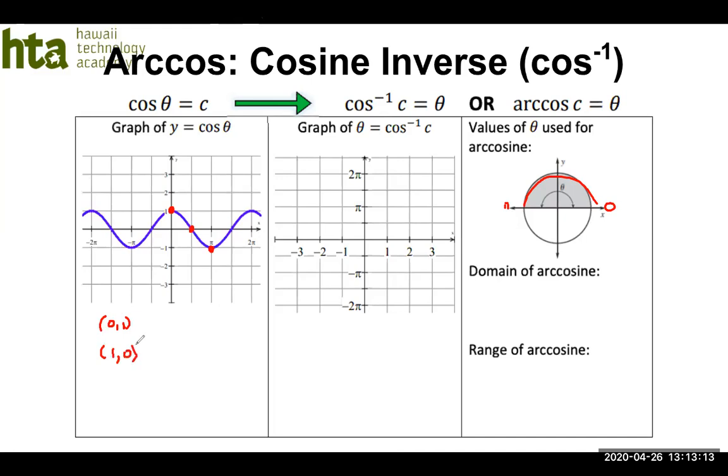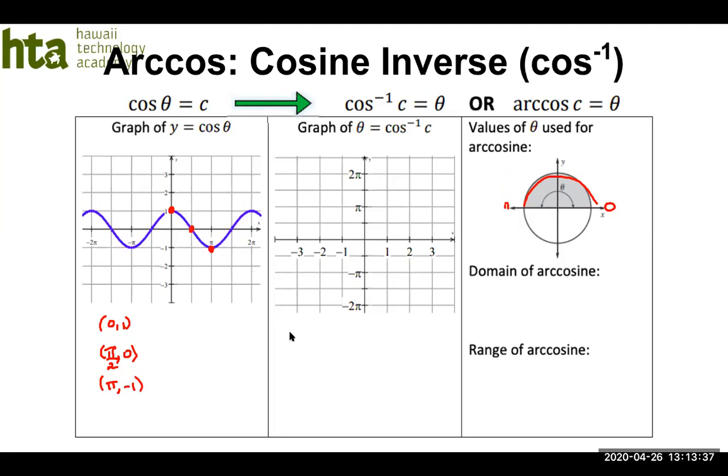Sorry about that, I'm looking at the one over here, my fault. So those are the 3 points we're going to focus on. We're only focusing on the domain given to us from here in quadrants 1 and 2. So from 0 to pi is what our domain is going to be for the graph of cosine.